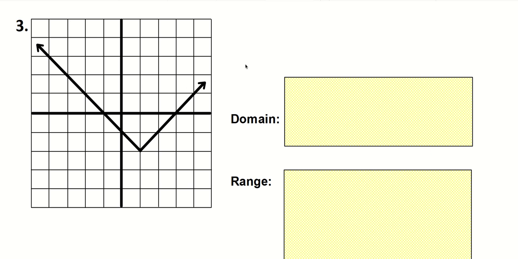So hopefully that's not going to get in your way too much, but this graph is literally a V, and it's going to keep going. See the arrowhead? This is going to keep going in that direction in a straight line forever. And likewise here, it's going to go up and to the left forever.